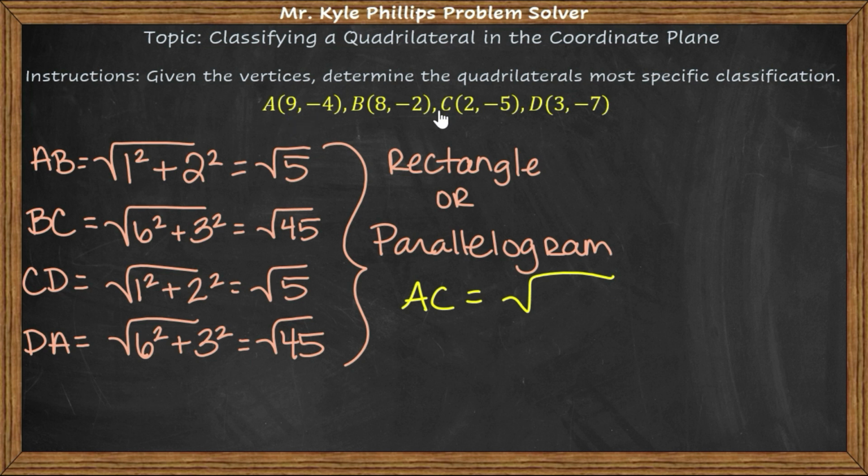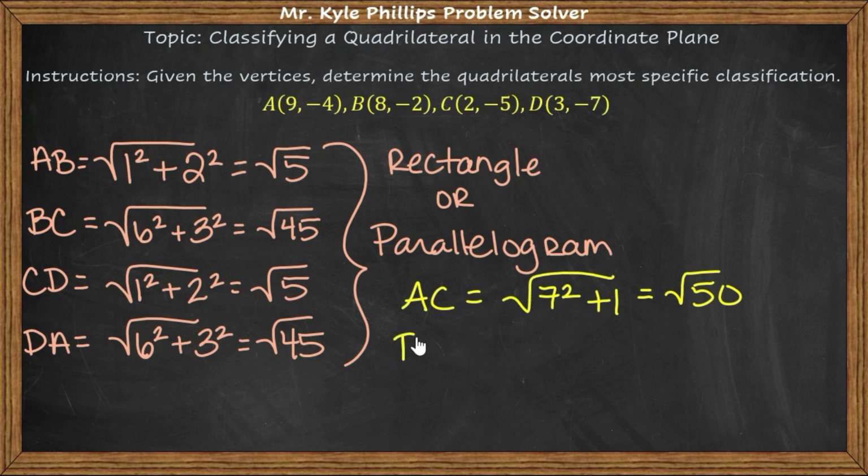The distance from 9 to 2 is 7, and the distance from -4 to -5 is 1. So this is the square root of 50. Now if B to D is the square root of 50, then this is going to be a rectangle. If that is not the case, then I know it's going to be a parallelogram.